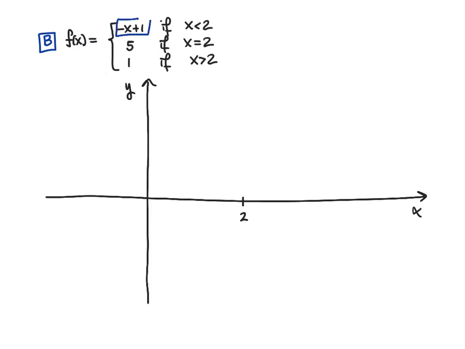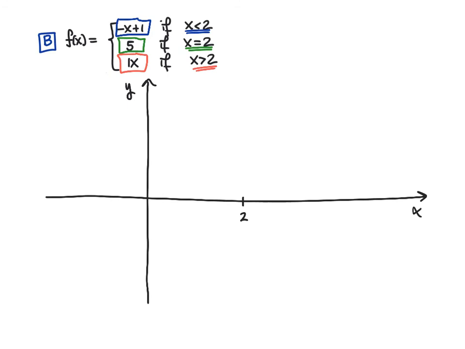So the blue graph lives on the domain x less than 2, then we'll have a green graph for x equal to 2, and then let's make this 1 times x. We'll have a red graph if x is bigger than 2.